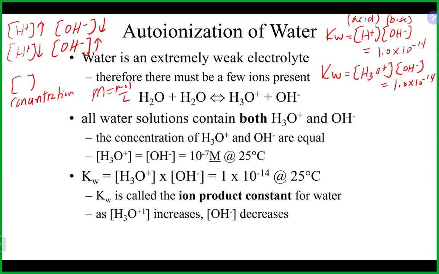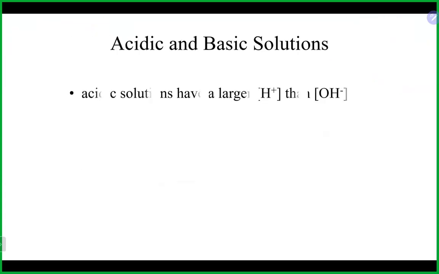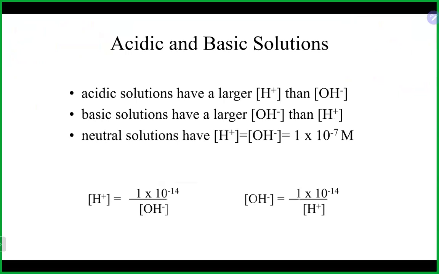So you could actually use this relationship to figure out whether or not a solution is going to be acidic, basic, or neutral based on the amount of acid or base in the solution, the amount of H plus or OH minus that's in there. If you calculate the H plus concentration and it's larger than the OH minus concentration, it will be an acidic solution.